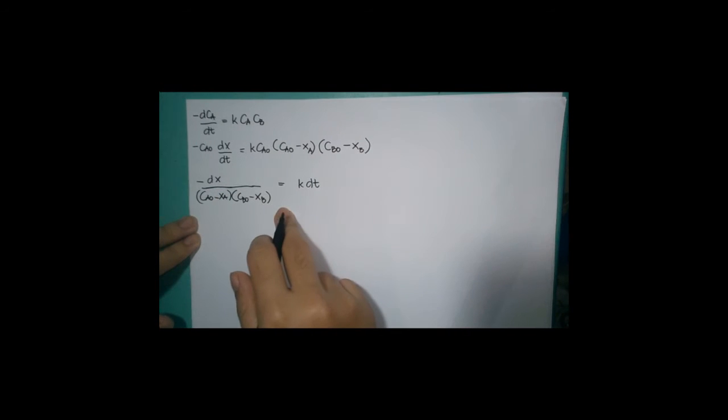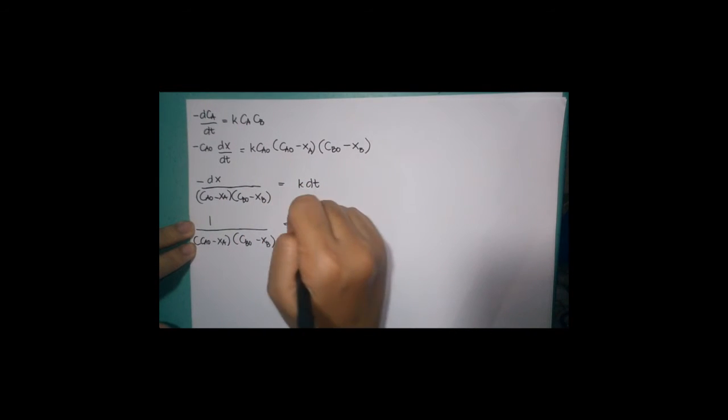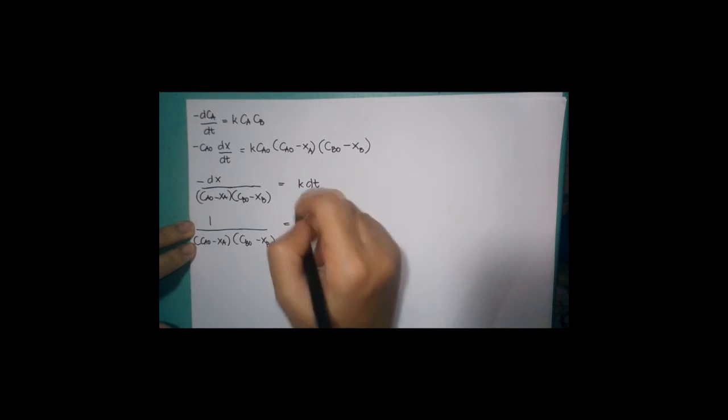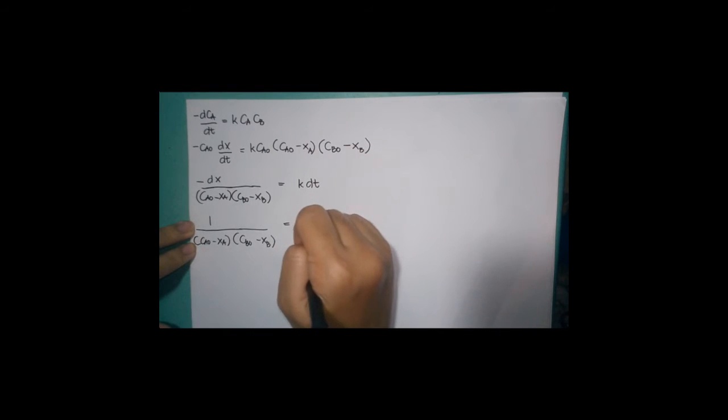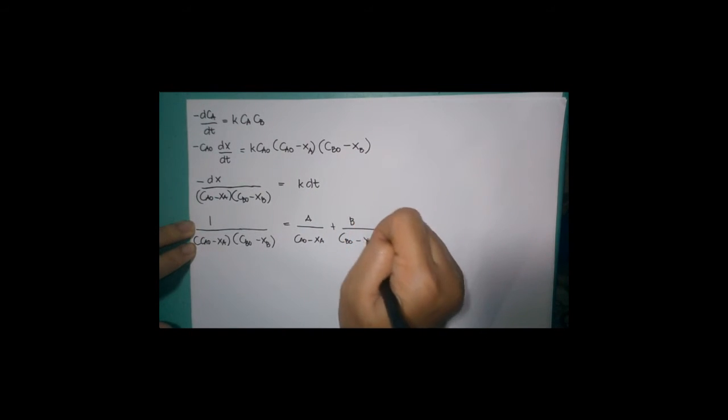In order to solve this, we will be using partial fractions. So, we have 1 over (CAO minus XA)(CBO minus XB) equals A over (CAO minus XA) plus B over (CBO minus XB).